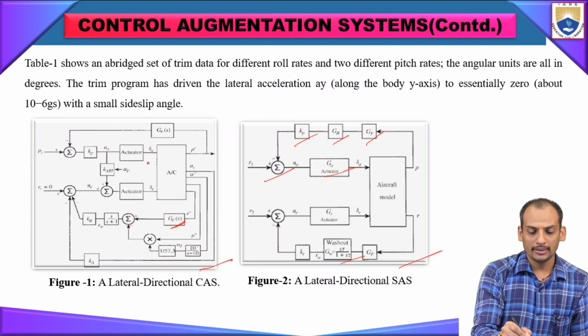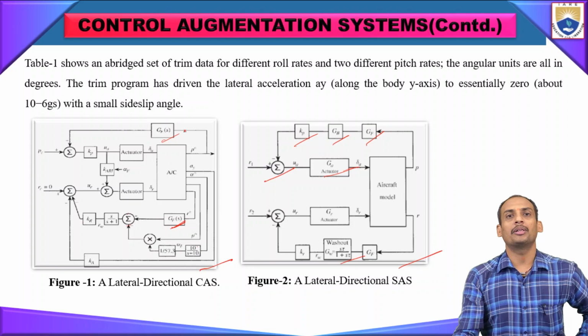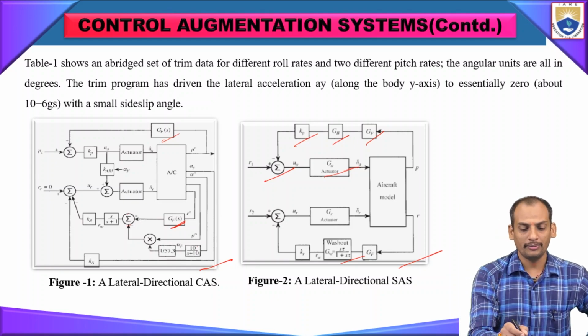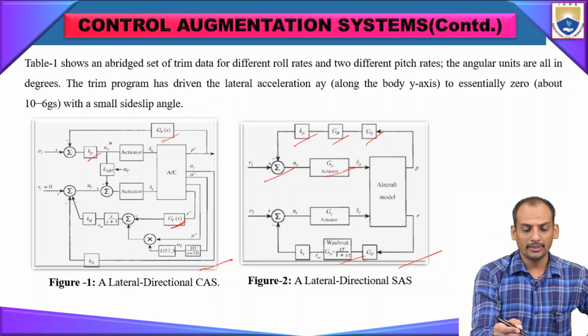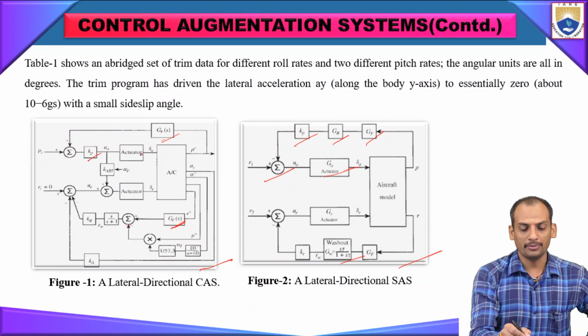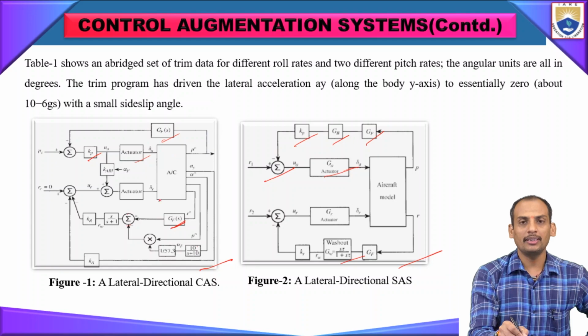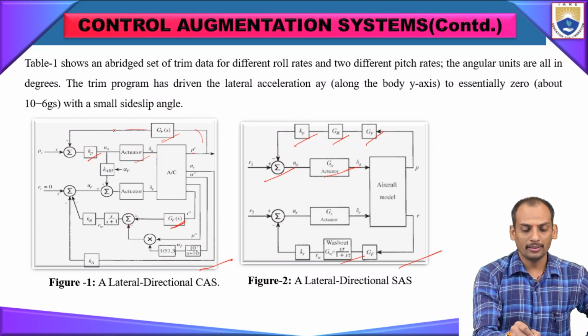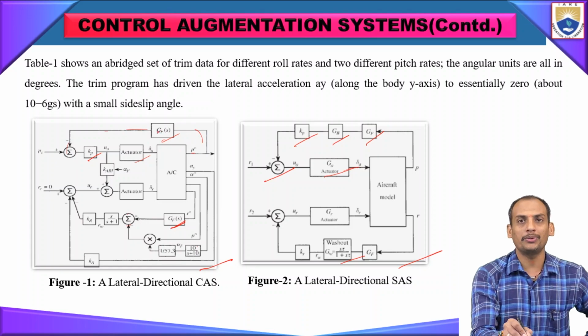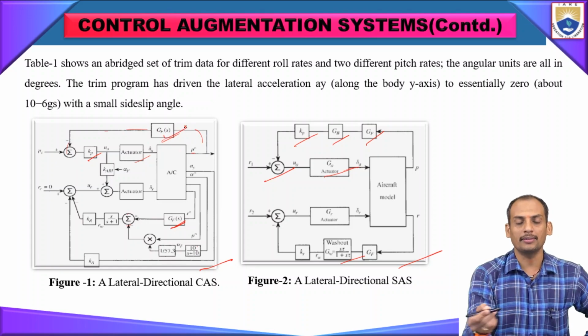Here, for the actuator, the gain rate pitching moment is given, and there will be a pitch rate function and the actuator transfer function. In between is the aircraft control surface, and from there the feedback is summed up through this gain feedback.